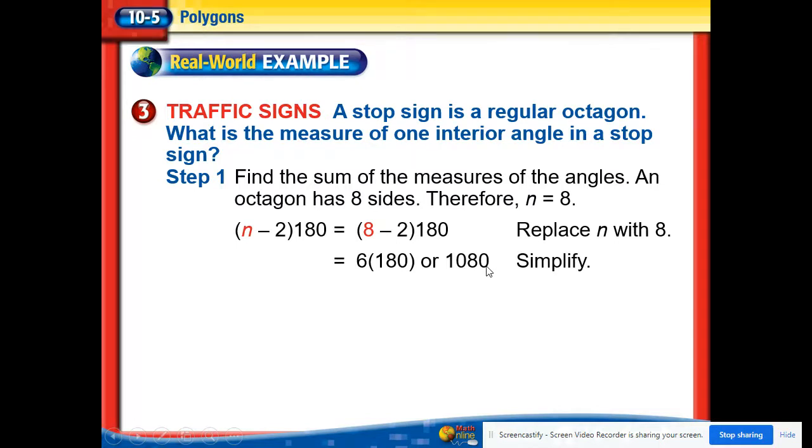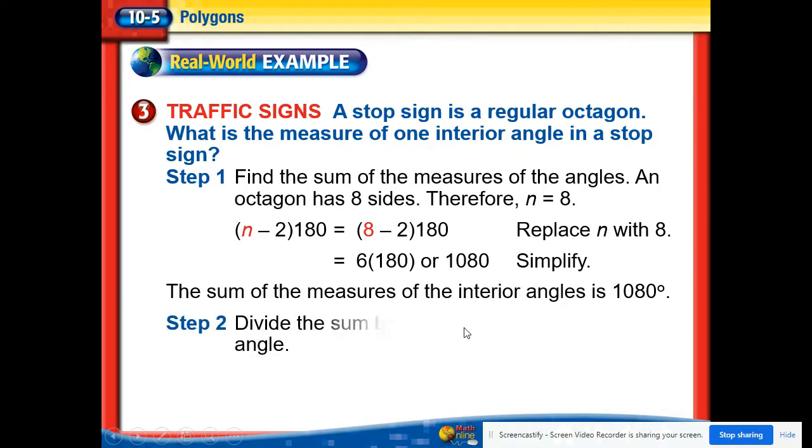So that's all of them, but we only want one. How do we find just one? Well, an octagon has 8 sides, so it also has 8 angles. And if it has 8 angles, we can divide by 8. So we take that 1080 and divide by 8, and that gives us 135. So each of the interior angles is 135 degrees.